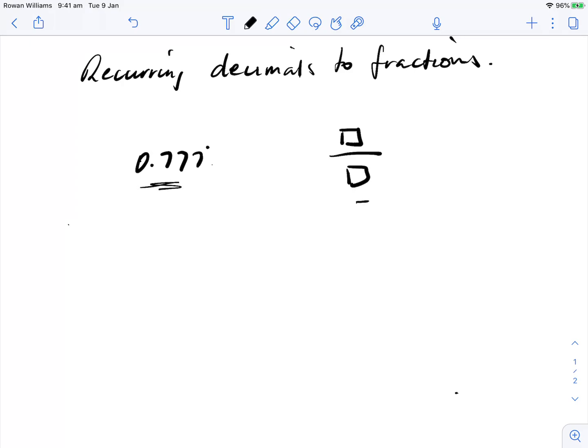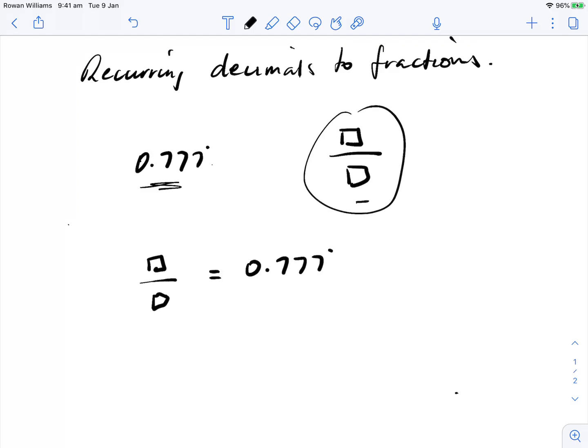So we want to write it so that some fraction is going to equal 0.777 on and on and on. Now, rather than write this symbol here for a fraction we don't know, we'll use a little bit of algebra and we'll just call this part here our fraction that we don't know yet.